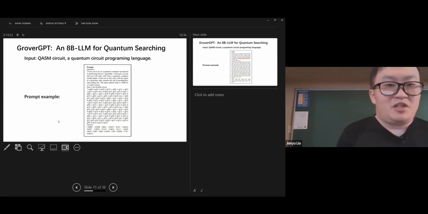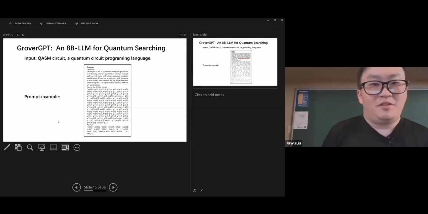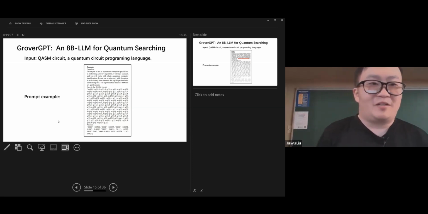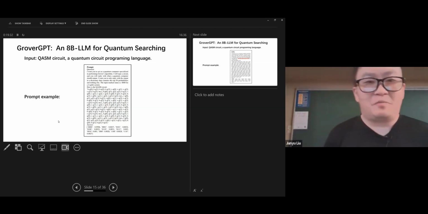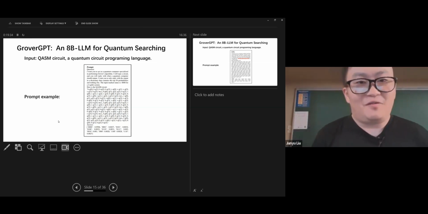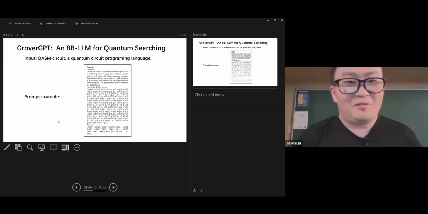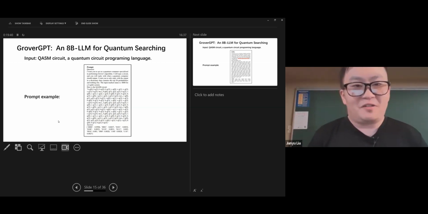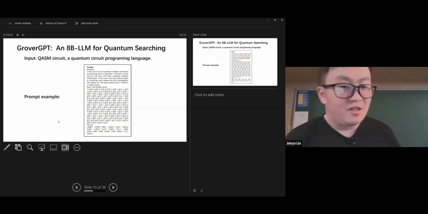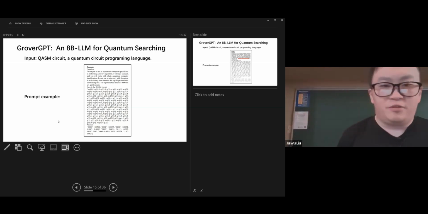And we can show the prompt example, pairing the input and output. Here is an example of a basic prompt. I want you to act as a quantum computer, and then we specify Grover's algorithm, give the circuit, and ask it to generate the output.